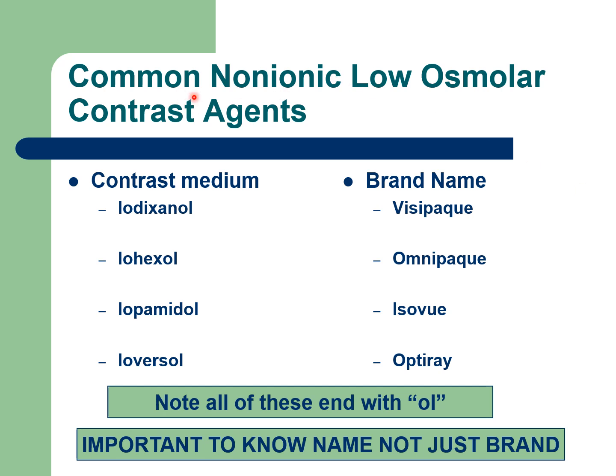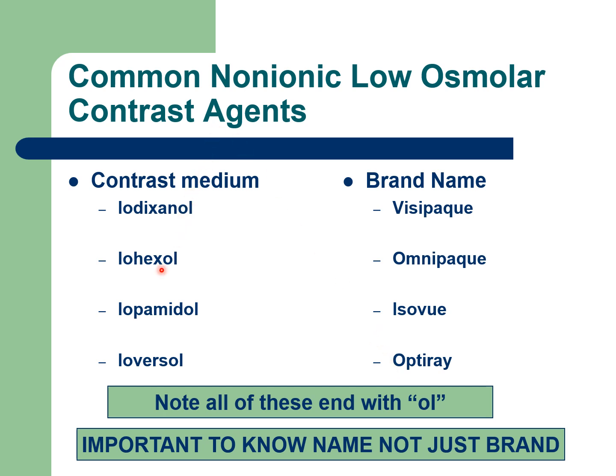If we have the common non-ionic low osmolar contrast agents, again, this is the brand name. I've talked about Omnipaque because that is used in most of the clinics where I have students. I'm not saying it's universally used, but it can be used for anything. Iodixanol is Visipaque, iohexol is Omnipaque, iopamidol is Isovue, and ioversol is Optiray.